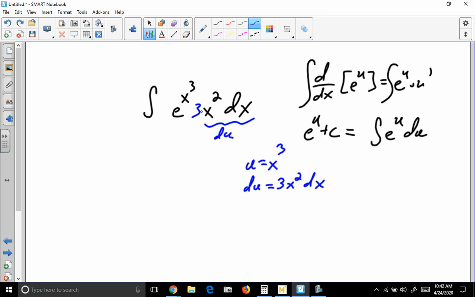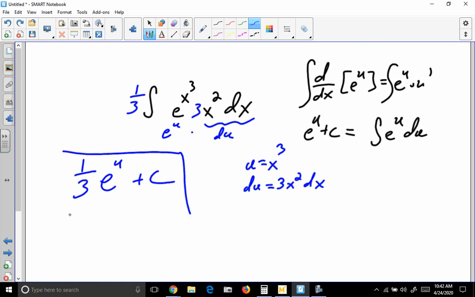If we multiply by 3 on the inside, we divide by 3 on the outside. So this is e to the u. That's du. That integrates into e to the u. So that becomes 1/3 e to the u plus c, where u is x cubed.